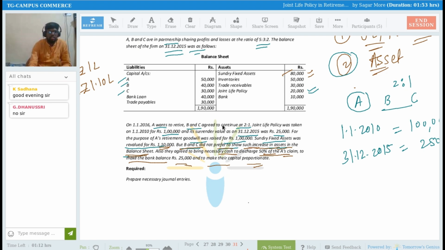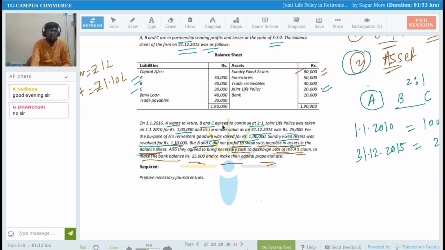Okay. So necessary cash to discharge 50% of A's claim, to make the bank balance of rupees 25,000 and to make their capital proportionate. This line is also important. After making payment to A and keeping 25,000 rupees as bank balance, the capital of the remaining partners, B and C, must be proportionate.